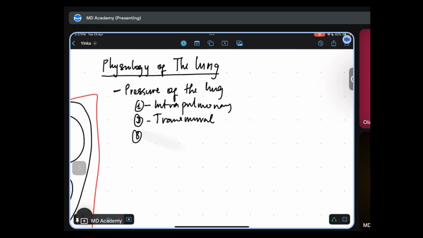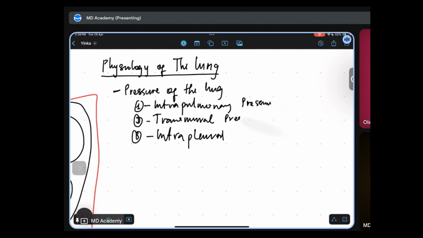And then the third one is intra. Remember what intra implies, right? That it is within, right? So intrapleural pressure. These are all pressures across within the lungs.